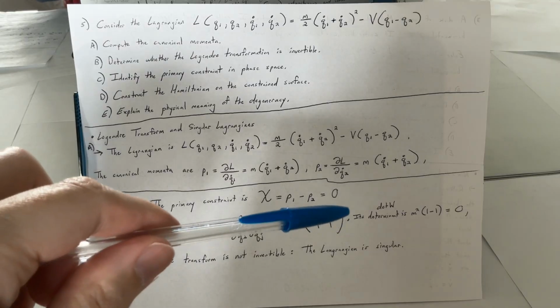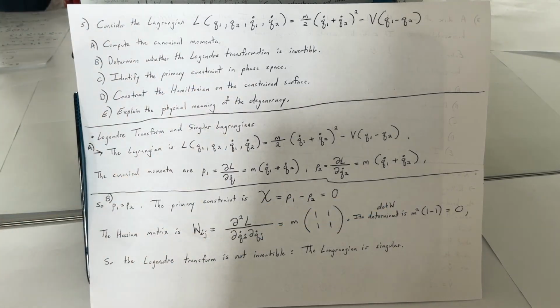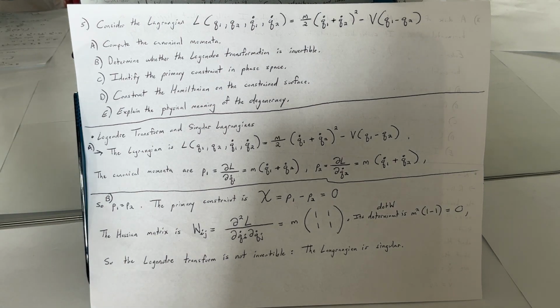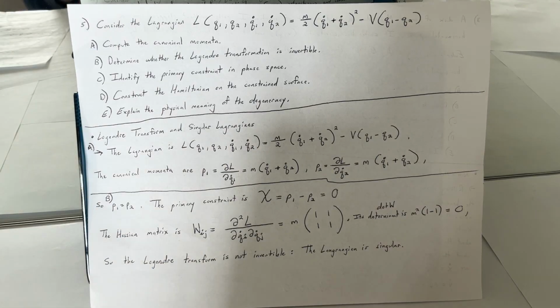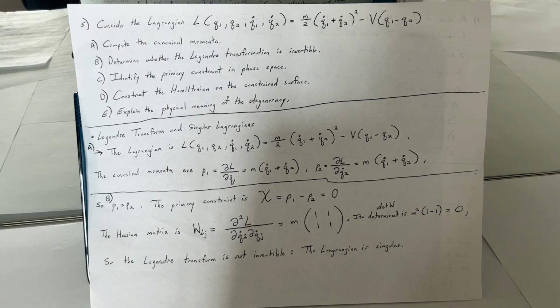So the determinant of this W is just going to be m squared times 1 minus 1, which comes out to be 0. So the Legendre transform is not invertible, so we could say the Lagrangian is singular. So that's part B.